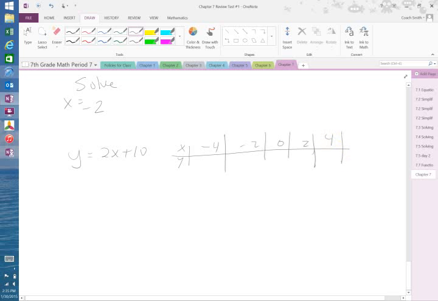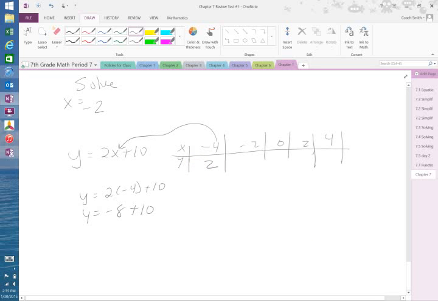So they want you to plug in these values, y equal 2 times -4 plus 10. I plugged in this value for the x. What is 2 times -4? -8. -8 plus 10. 2.